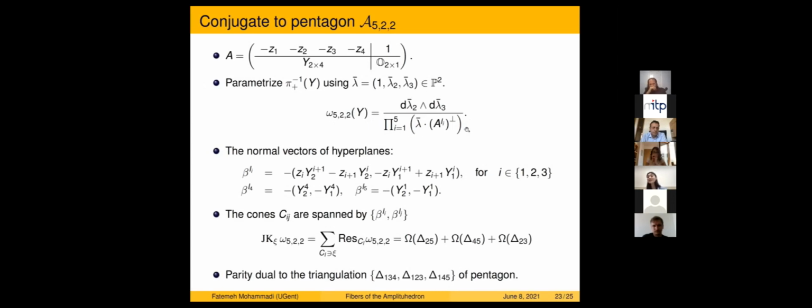I look at the denominator, which consists of linear forms, and I construct the rays corresponding to these linear forms, and then I construct the polyhedral fan defined by these rays as a chamber fan. You can play the same game and compute the different triangulations of your amplituhedron, and you can see that these triangulations are actually parity dual to the triangulations of the pentagon.